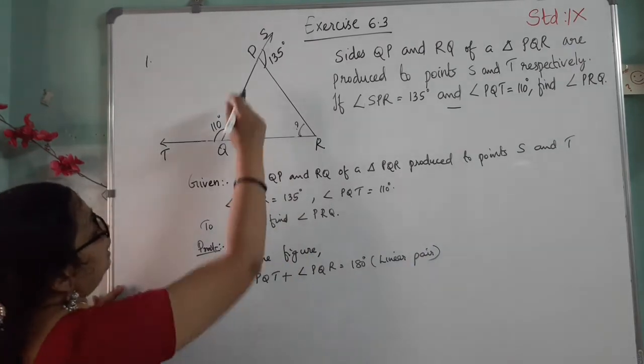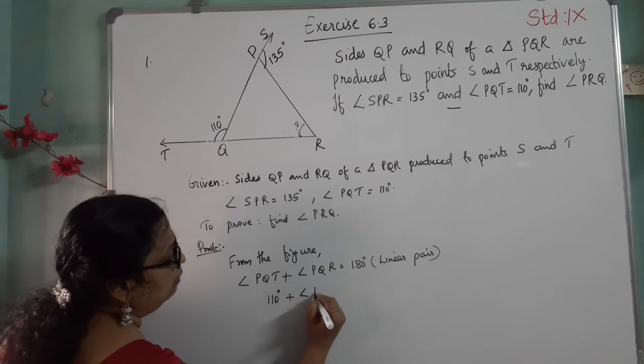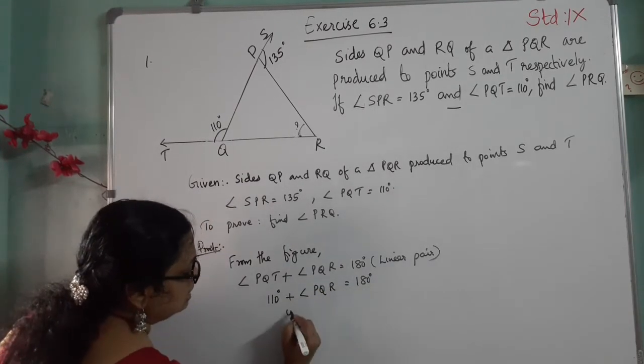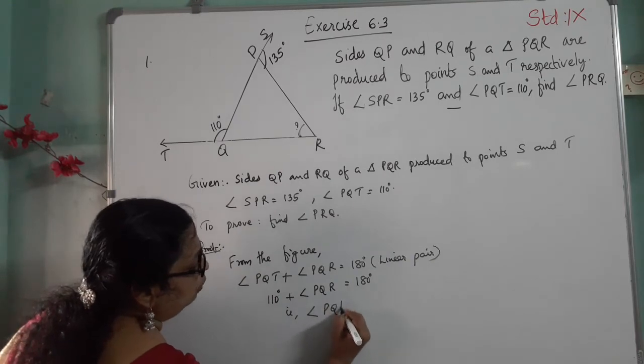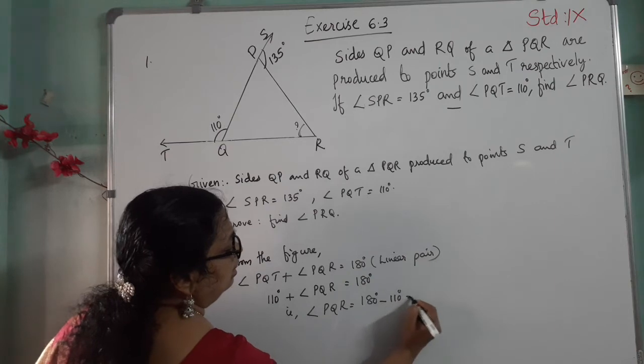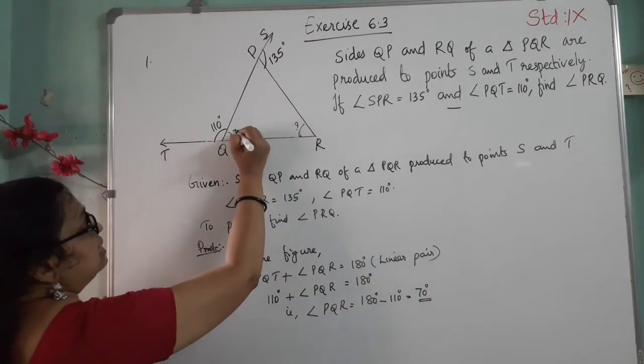Then angle PQT is given 110 degree. 110 degree plus angle PQR equal to 180 degree. That is angle PQR equal to 180 degree minus 110 degree, which is equal to 70 degree. So this angle we get 70 degree.